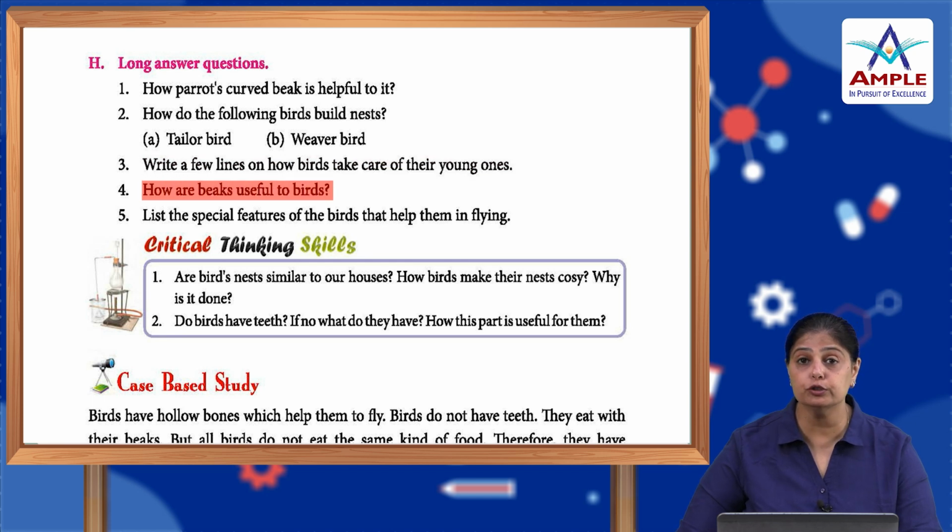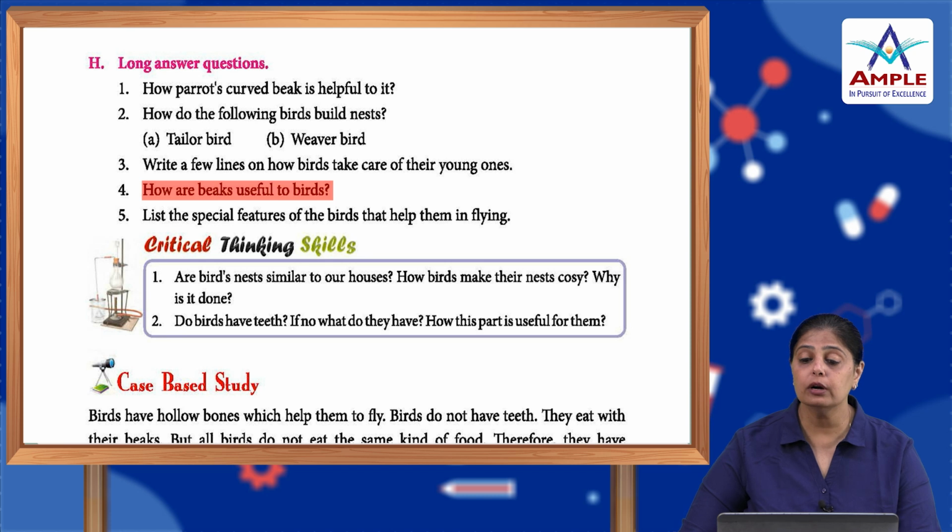Beaks are useful for birds in various manners depending on the type of birds that they are, and they help them to gather their food, and to protect themselves from the enemies. So, there are different types of beaks which help the birds. They help them to gather their food, to catch the food, to eat the food, then for feeding the babies, for building nest, and to protect themselves from enemies also.